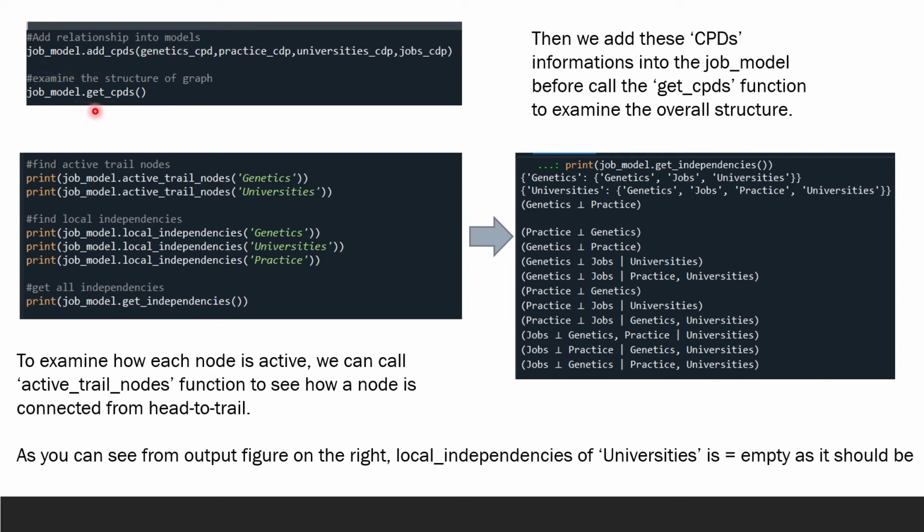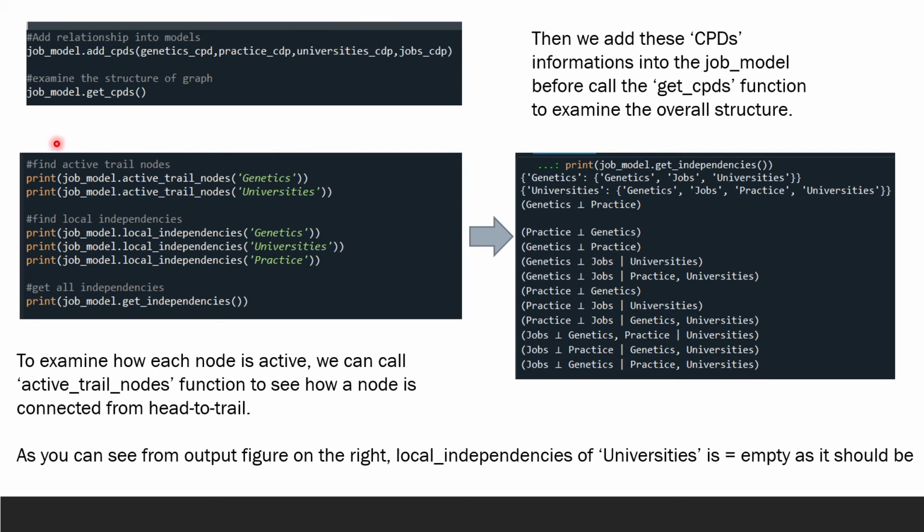So we will call the get underscore CPDs function, and the program will generate some output to let you know how its nodes are connected together. But I don't think that I pin it here, so it's a lot. This page is full for that, so let's try it yourself.